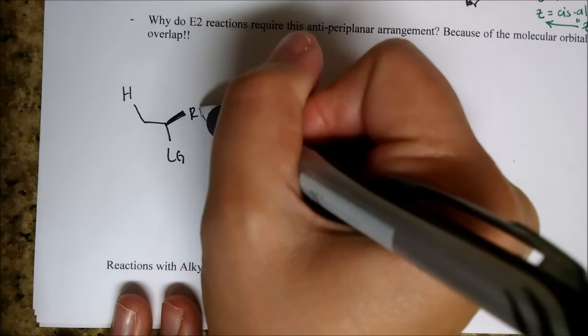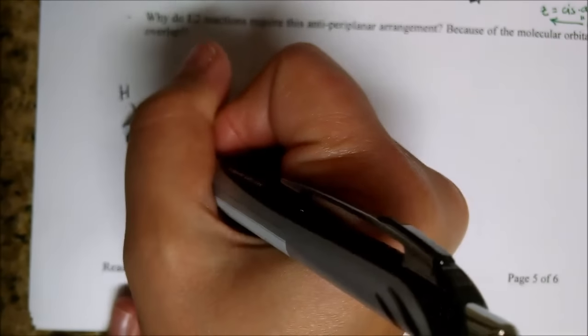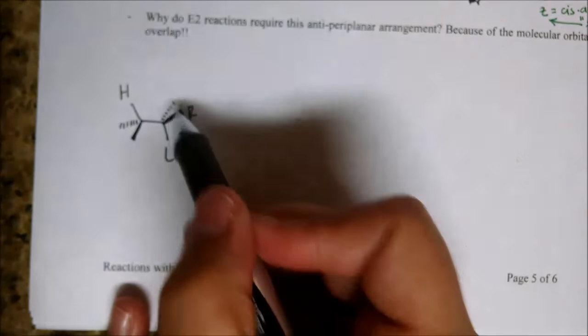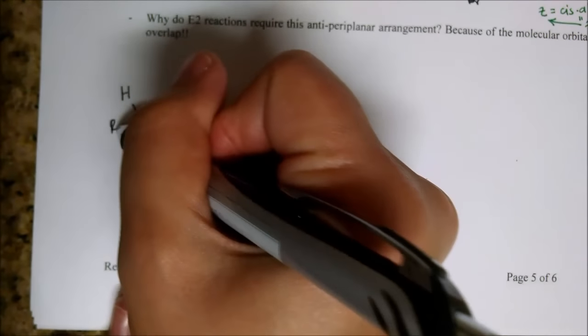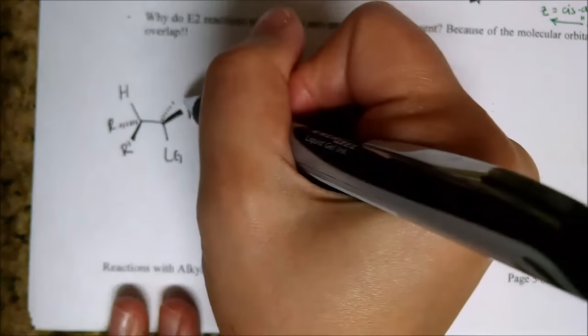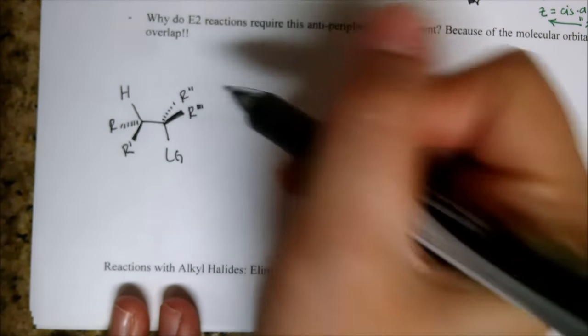We're going to have groups like this. Each carbon has two things in the plane, and then one coming forward, one going back. So let's draw these ambiguous groups here: R2, R3.